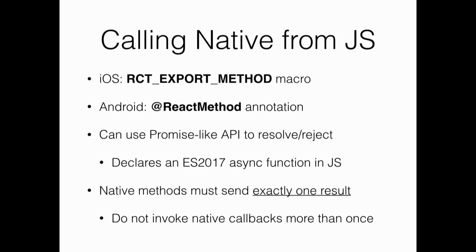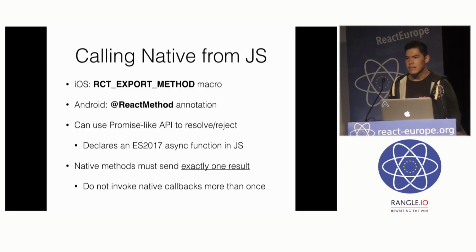When you want to call into native functionality from JavaScript, you will define natively implemented methods that automatically declare corresponding functions in JavaScript. This is covered in the React Native docs that I mentioned. You know you're looking at the right place if on iOS you see this RCT export method macro, and on Android you see this @ReactMethod annotation.